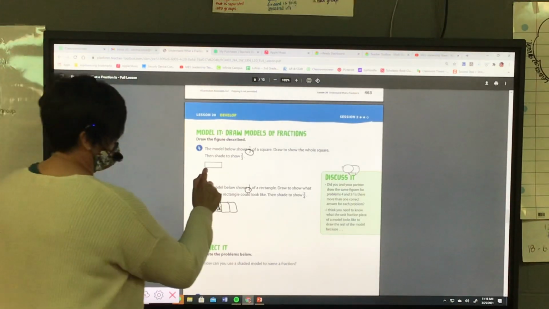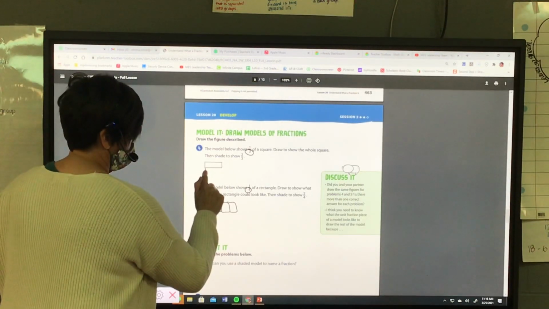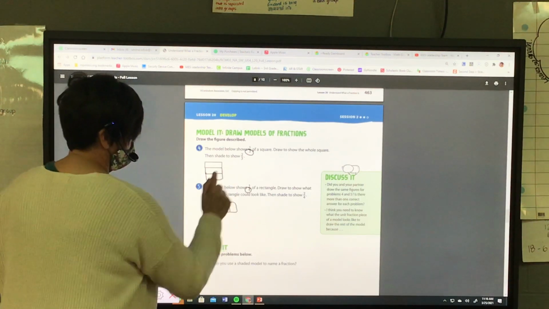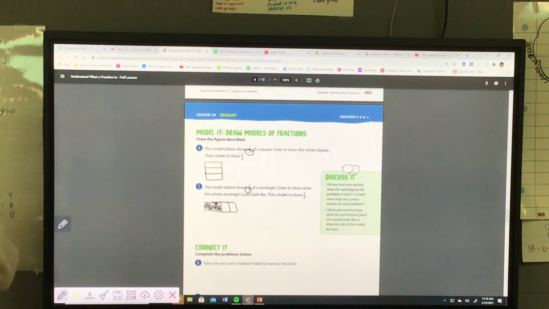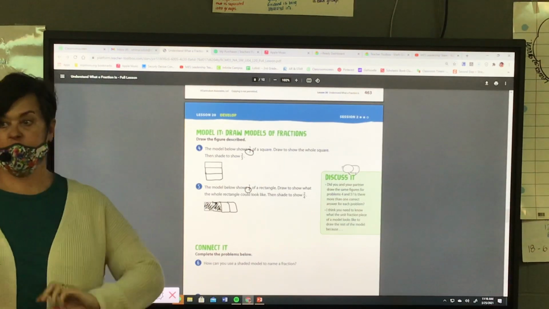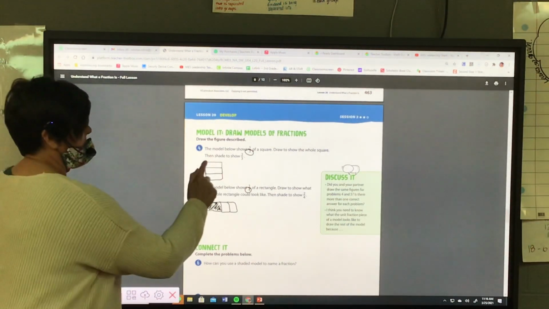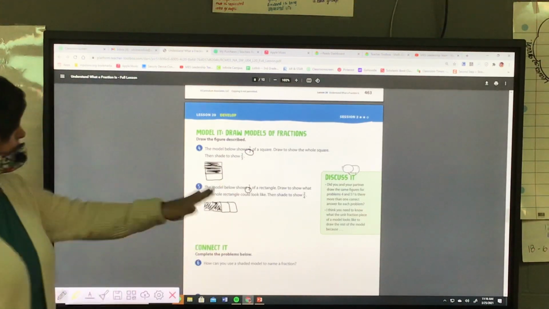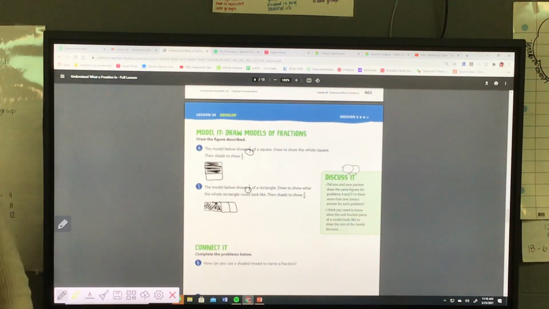So we had to draw how many more? 2 more to make it a square. It's not perfect, but you get the idea. Now how many do we shade in? 2. 2/3. So we shaded in 1, 2 of them. You might have done them from the bottom up. That's fine too. How many equal parts do you have in yours?